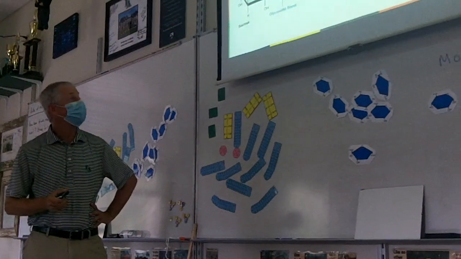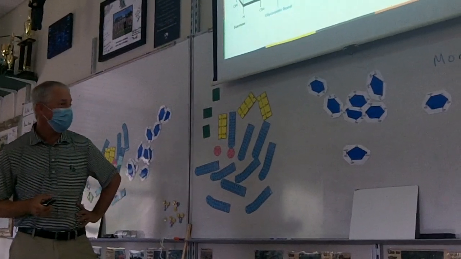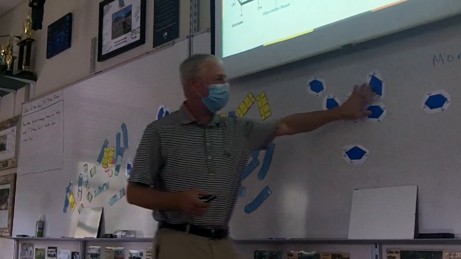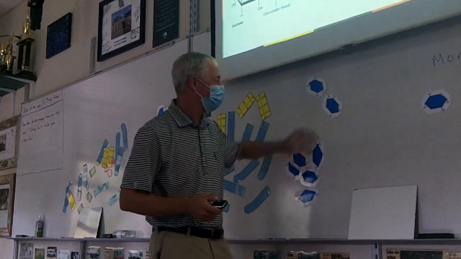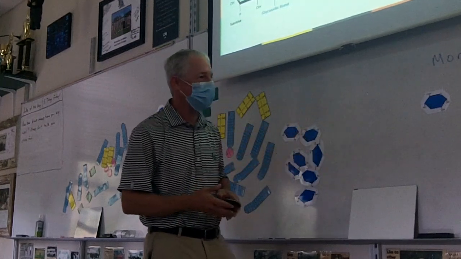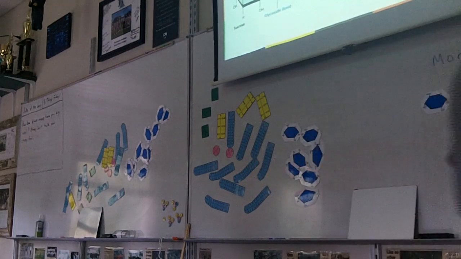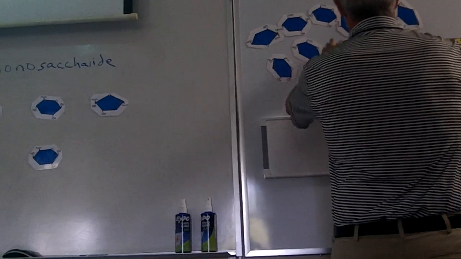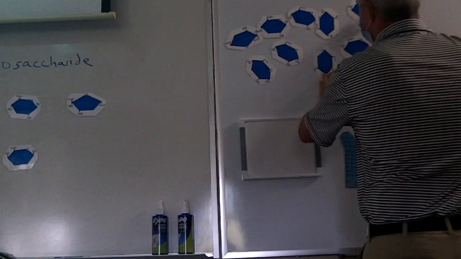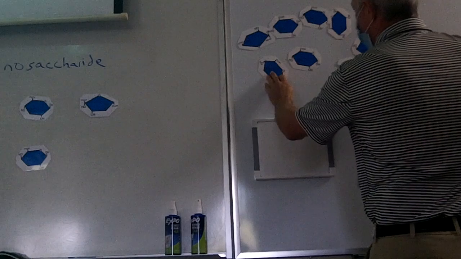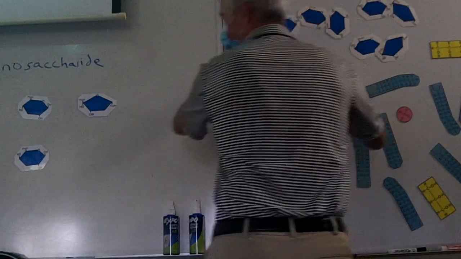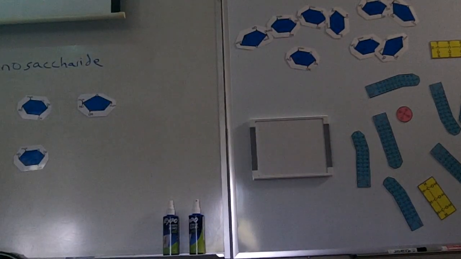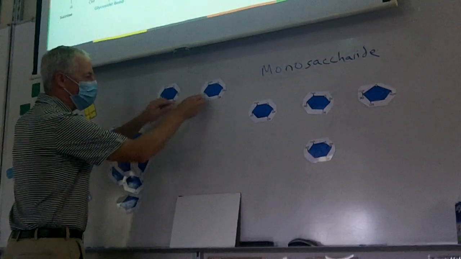And so then we can link those together to make our disaccharides. And once again, this is a dehydration synthesis reaction. Here we have two glucose molecules.